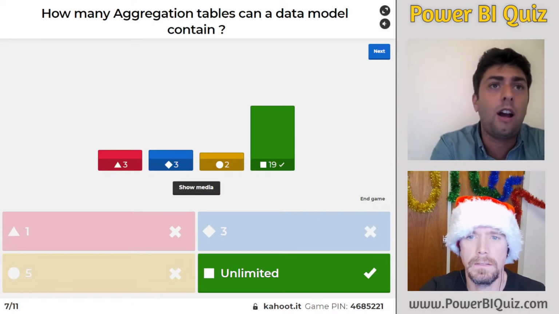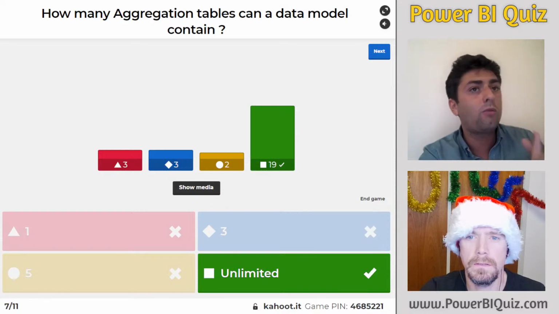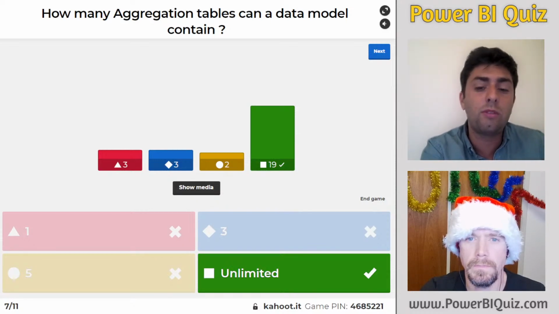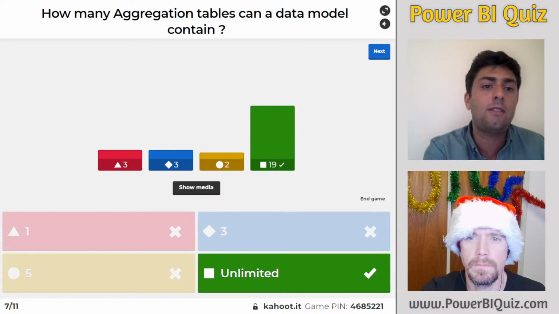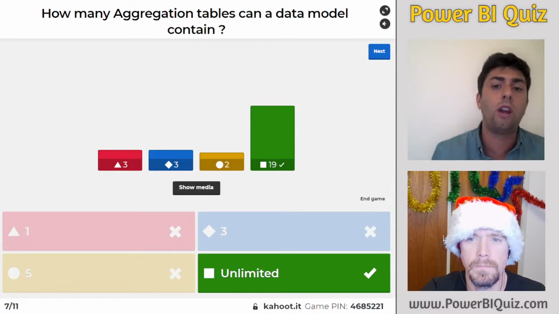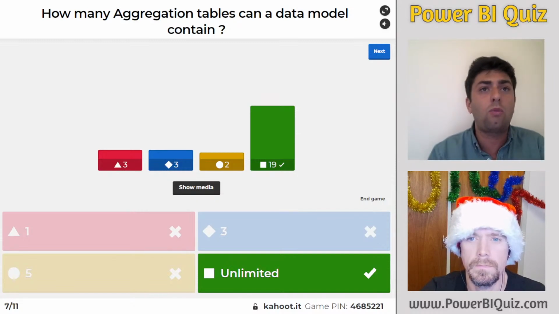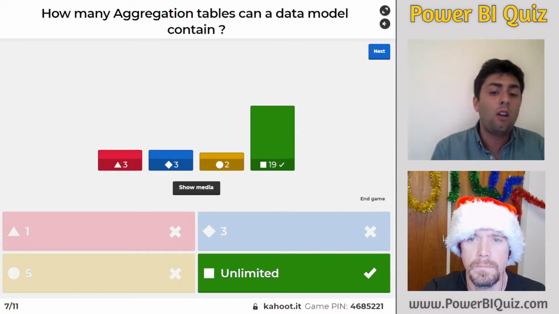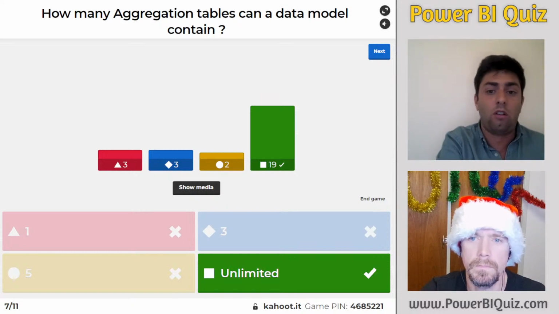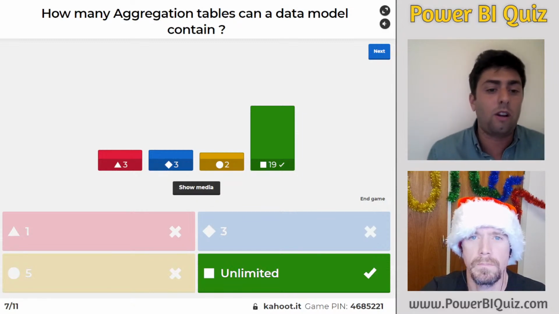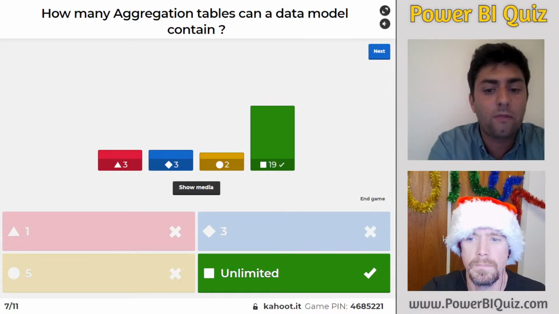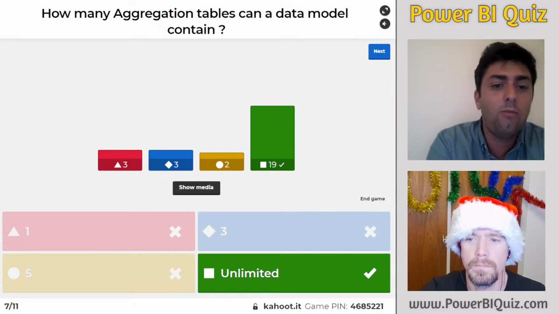And I made an analysis of how the raw data was distributed. Based on this analysis, I personally chose to build 3 aggregated tables where I store different grains. But depending on your requirements and what you want to achieve, you may want to have 1 aggregated table or 5 aggregated tables. It depends, right? But there is no restriction technically on how many.